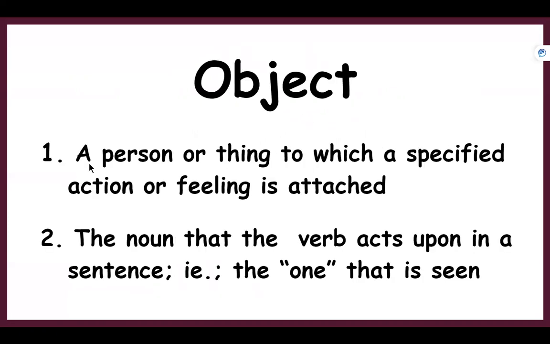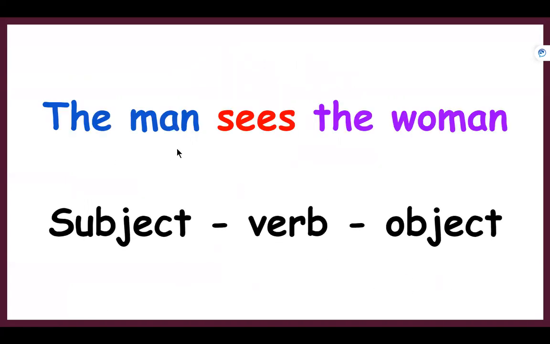And now the object is a person or thing to which a specified action or feeling is attached, or the noun that the verb acts upon in a sentence, for instance, the one that is seen. So in the sentence, the man sees the woman, the woman is the object because she's the thing that is seen. The man sees the woman, very basic sentence. The man is the subject, sees is the verb, and the woman is the object. The one that sees, the one that is seen.